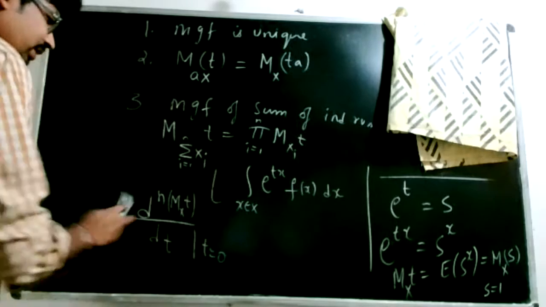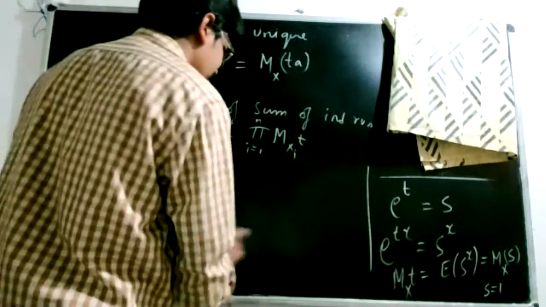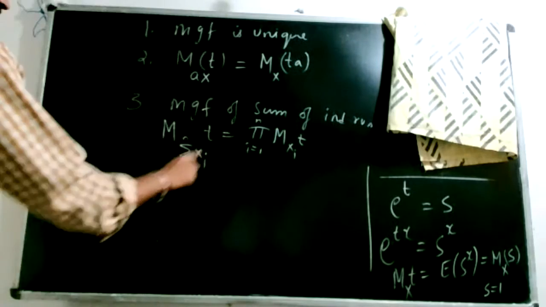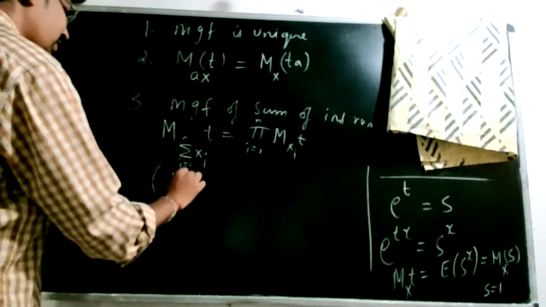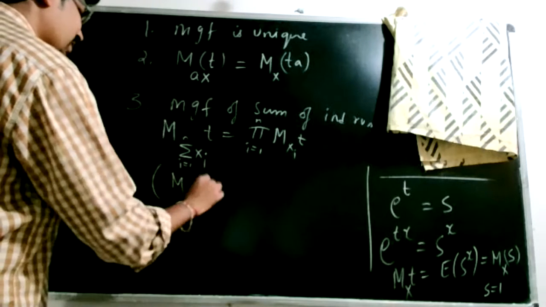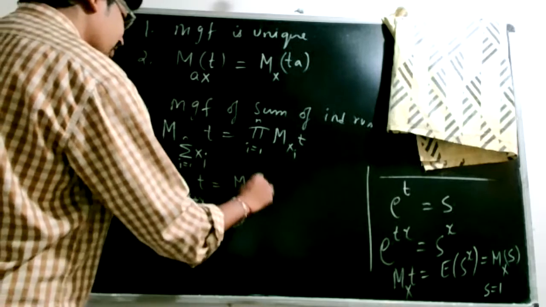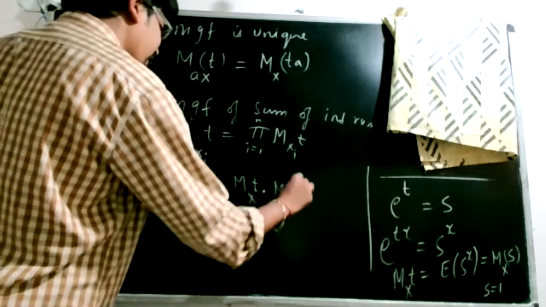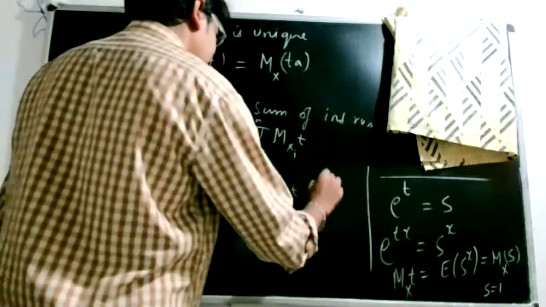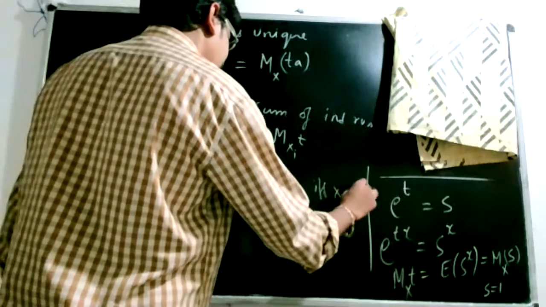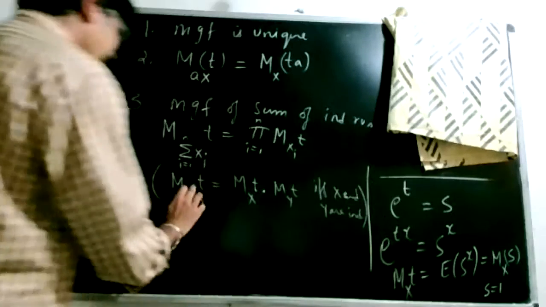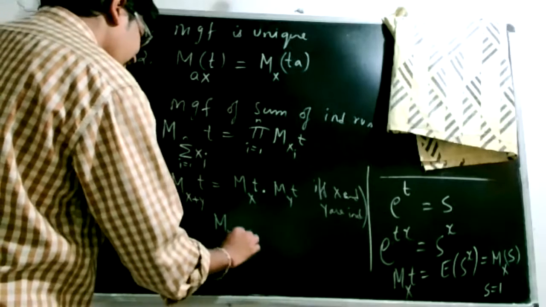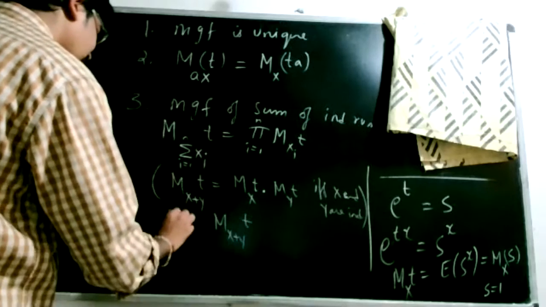So multiply all the MGFs to get the MGF of the random variable sum. And for two cases, we could say M of x plus y at t is equal to Mx of t into My of t, provided x and y are independent. Otherwise, you have to use the definition.